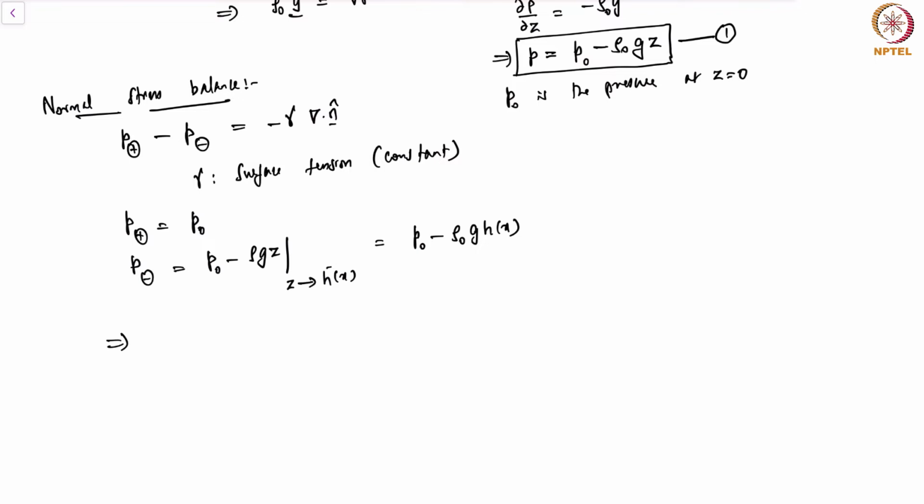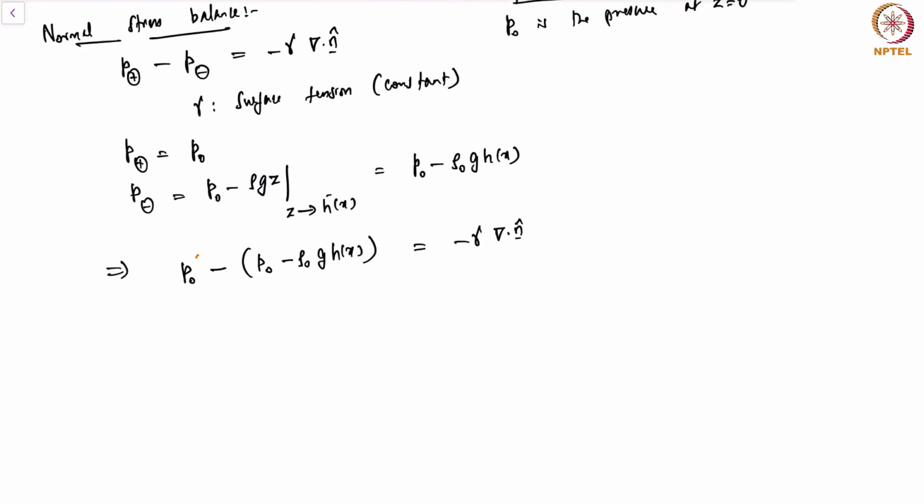P plus would be P naught and P minus would be P naught minus rho naught g H of x. This will be minus gamma times del dot n. The P naught cancels out on both sides, meaning the pressure above does not matter, and this simply becomes rho naught g H of x equals minus gamma times del dot n.